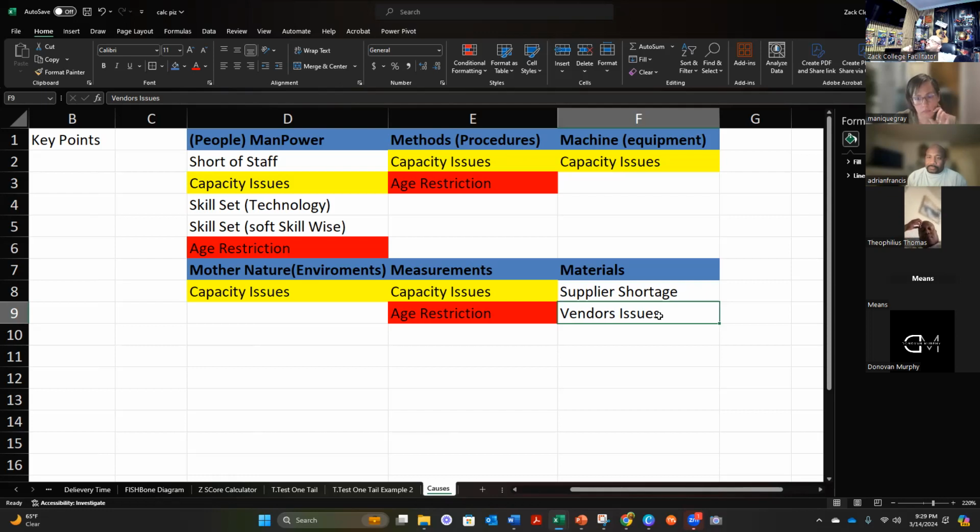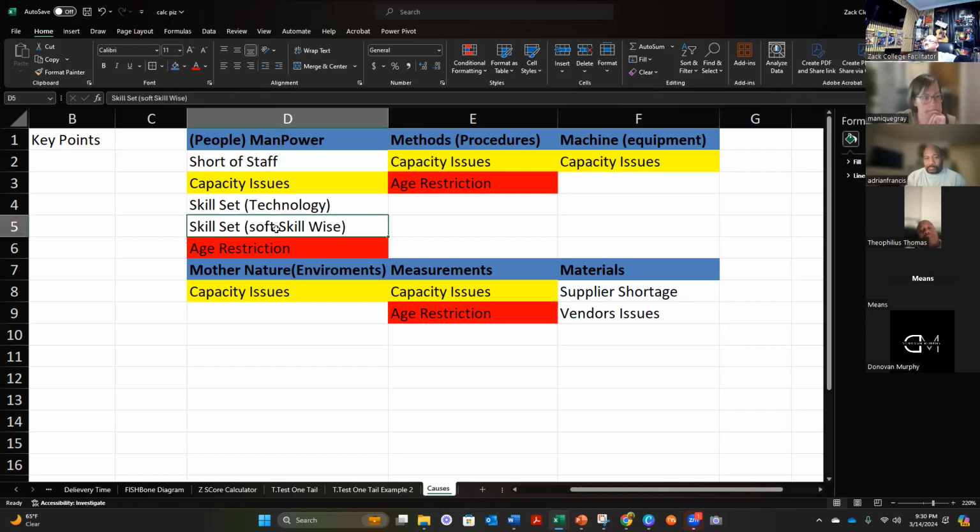So you remember earlier on in class, I said qualitative data can become quantitative data in a sense, because I can start to put metrics on every one of these issues, could I not? Even if you said soft skills wise, okay, what are my turnover rates?